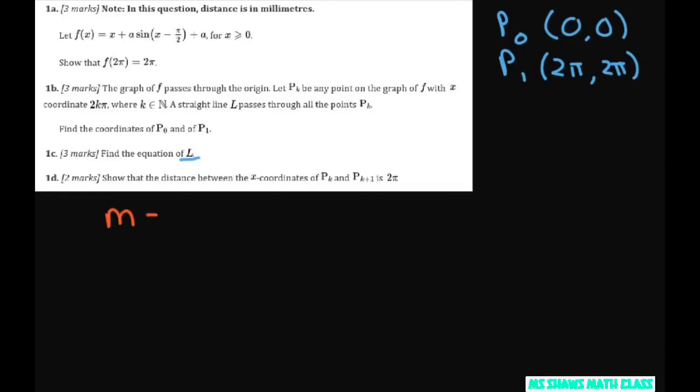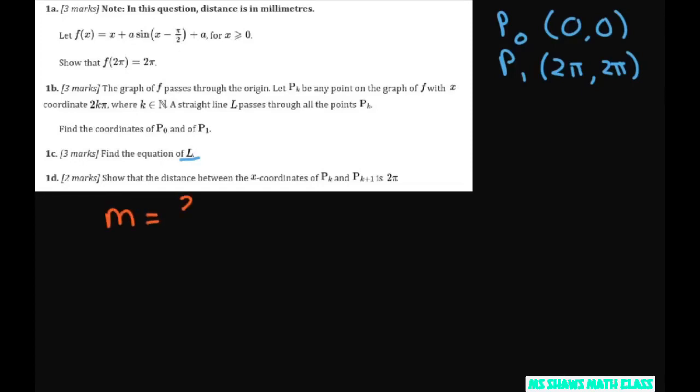Since we already have our 2 points, P_0 is (0, 0) and P_1 is (2 pi, 2 pi), we can write our equation of the line. First of all, let's find the gradient. The gradient is the slope, that's your m part.